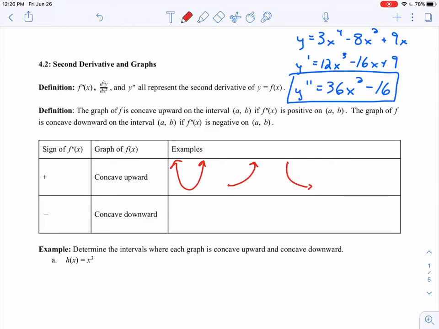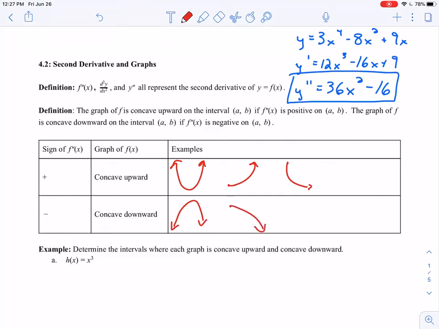Whereas if the sign of f double prime of x is negative, if my second derivative is negative, then that graph is concave down. I should say the graph of f of x, the original function. And you can, again, take all these examples now and just flip them upside down. So think about the graph of negative x squared, a parabola that opens downward, or I could have just half of my graph.